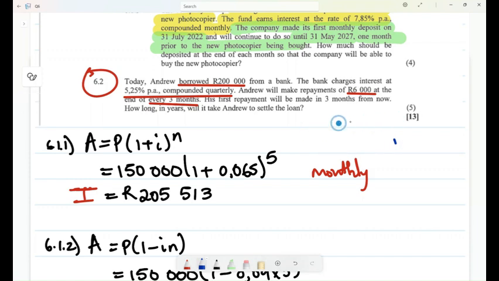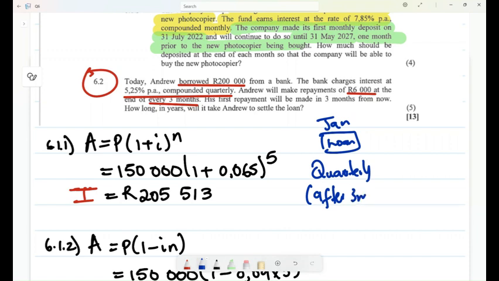But if you take a loan now in January, and your interest is quarterly, remember, quarterly it is every 3 months, right? So the first payment should come after 3 months. After 3 months, it is what?